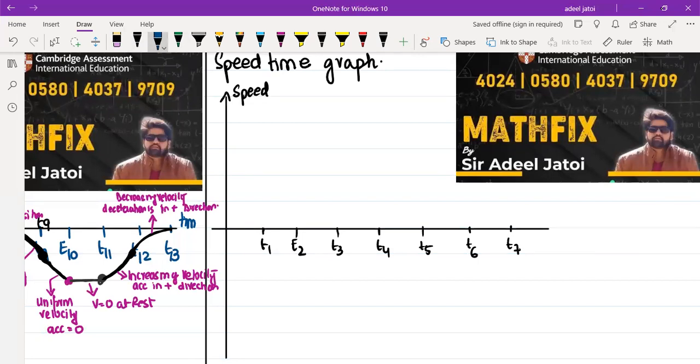Let's say from 0 to 1, we have increasing acceleration, with the curve. T2, we will have uniform acceleration. T2 to T3, we'll have decreasing acceleration.